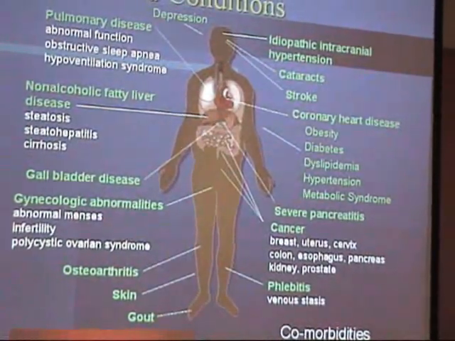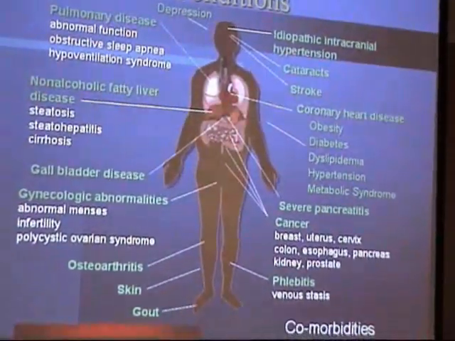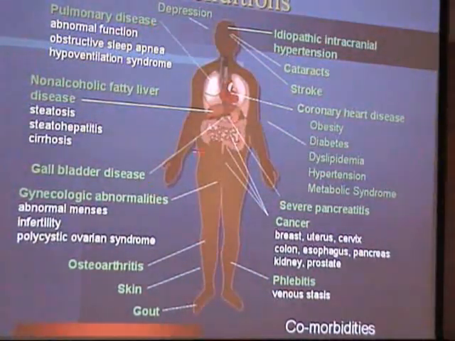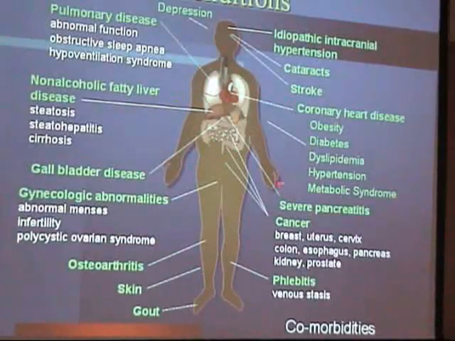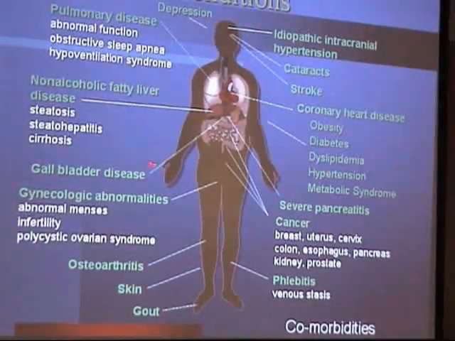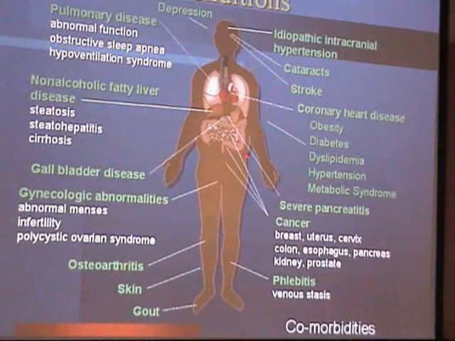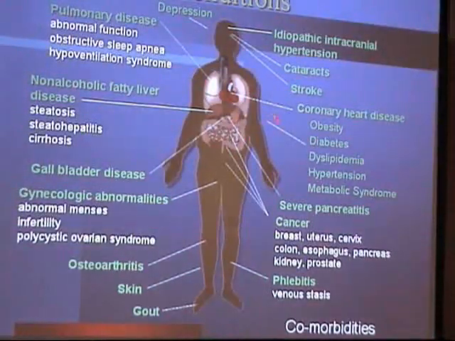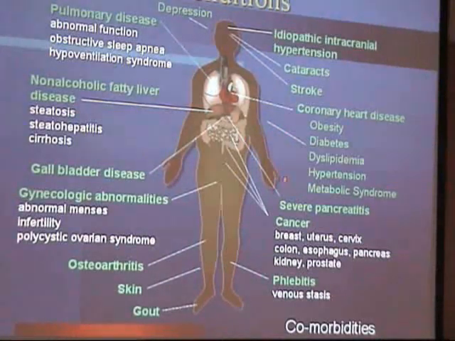So a little bit more about the associated conditions. What this slide shows is that, again, every medical condition we see in modern society is related to insulin resistance, inflammation, energy storage disease, and our weight. And so, again, if we battle obesity, we're going to be saving a lot of healthcare dollars.